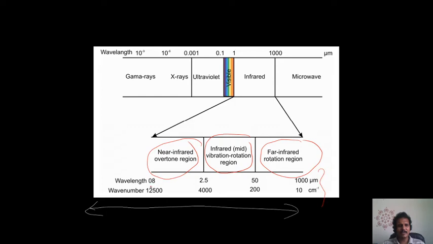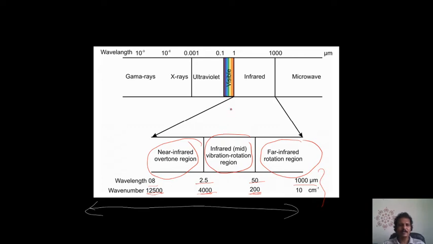In micrometer range it is 0.8 to 2.5 for near, 2.5 to 50 is mid, 50 to 1000 is far. Or in per centimeter, 12,500 to 4,000 is near infrared, 4,000 to 200 is mid infrared, 200 to 10 is far infrared.